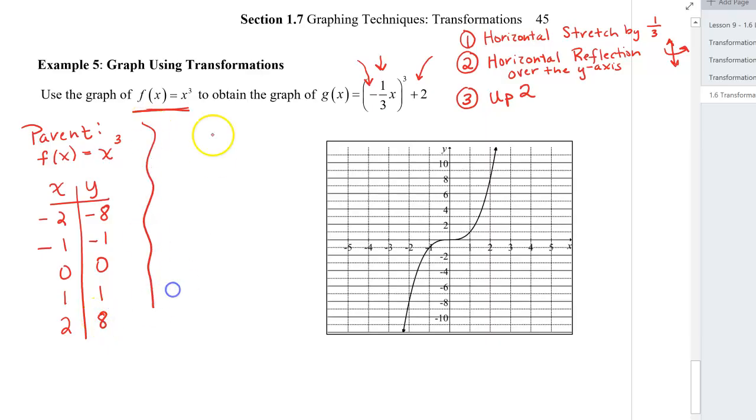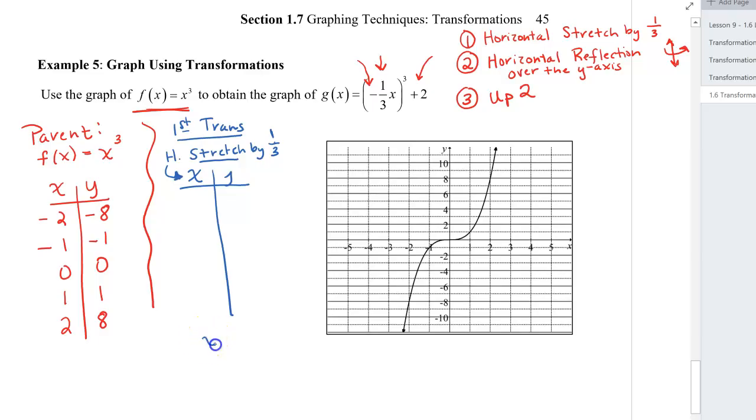All right, so now our first transformation is going to be our horizontal stretch by 1/3. So since it's horizontal, that means that you are changing x. And since it's stretching, you can think of it in one of two ways.